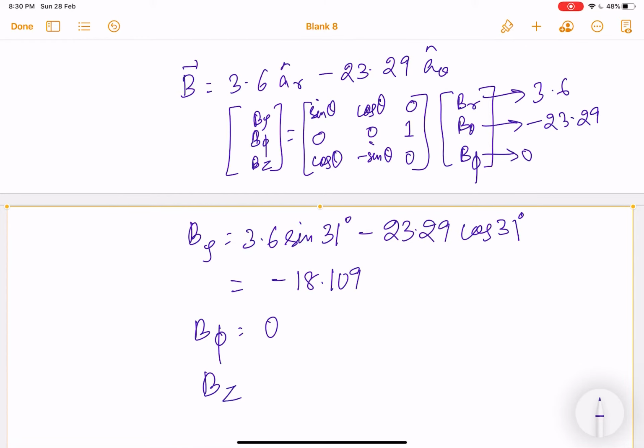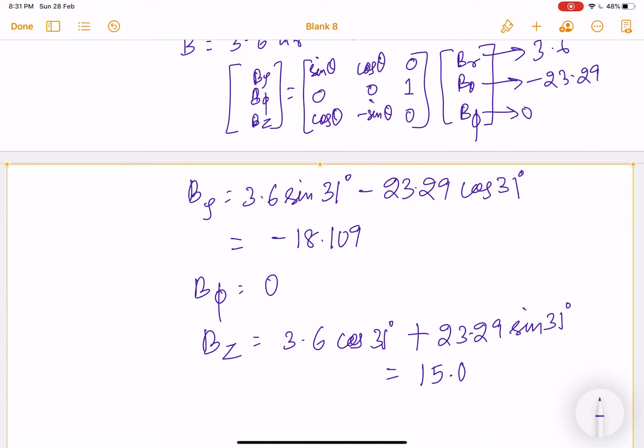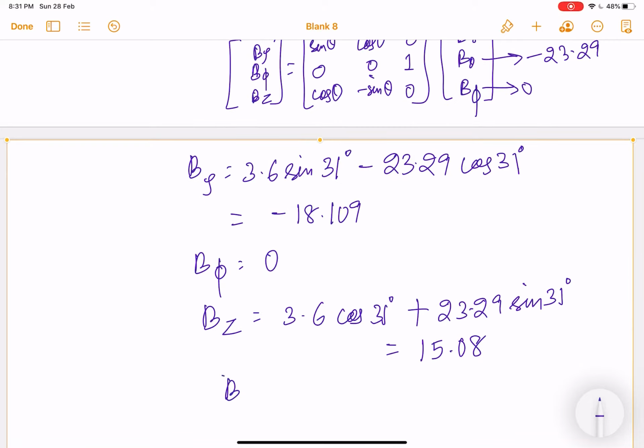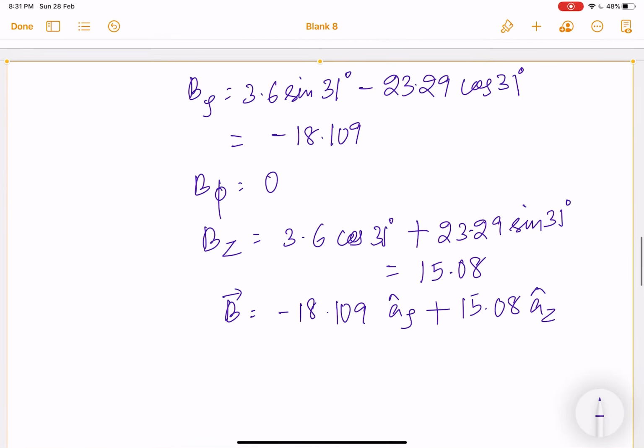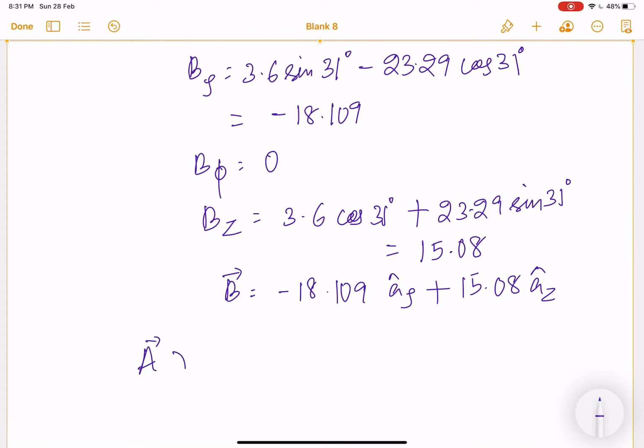Then B z will be 3.6 cos 31 degrees plus 23.29 sine 31 degrees. Put it in your calculator and you get 15.08. So my B vector is minus 18.109 A rho cap plus 15.08 A z cap.